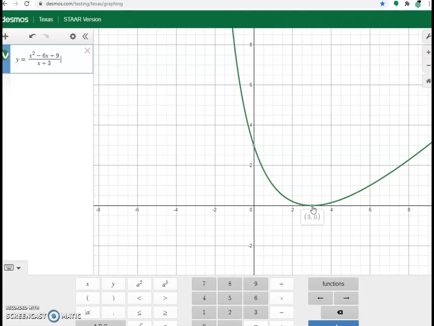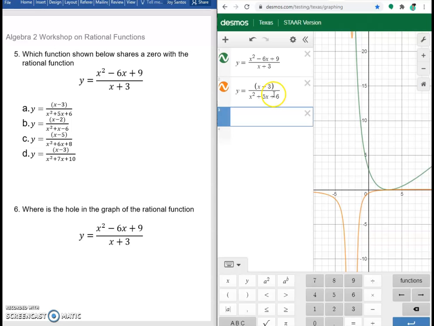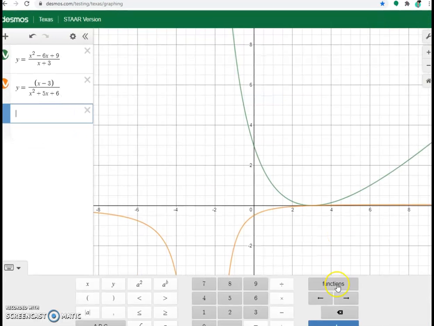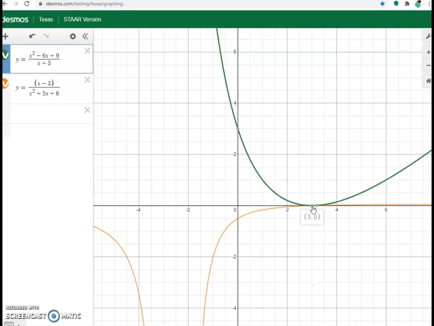Once again, let us remind ourselves, 0 of a function has another name, which is x-intercept, also called the solution. Okay, so let's go ahead and plug in your answer choices and see which one also crosses this x-intercept. All right, so after plugging in letter A, I think we have spotted the answer because these two are sharing the same 0.